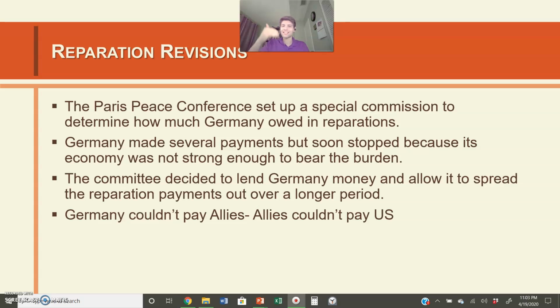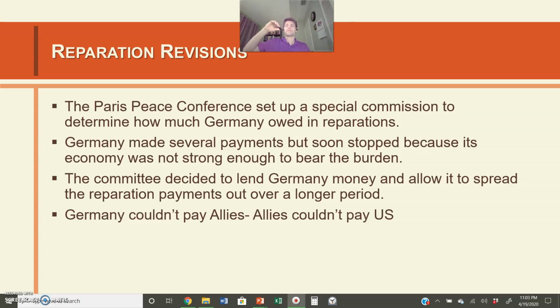Now, if Germany's not able to pay their lenders, which were England and France, England and France are desperate, and they took out loans. Who did they take out loans from? The United States. In fact, on 457, you can see the cycle. If Germany doesn't pay the Allies, then the Allies can't pay the US, and back and forth, and the United States is going to try and help Germany.